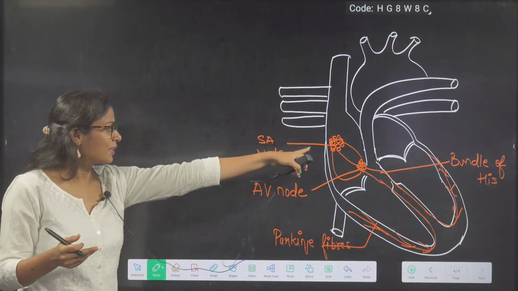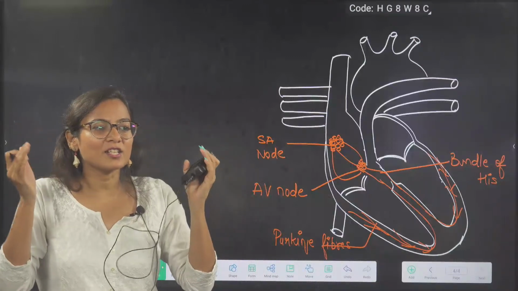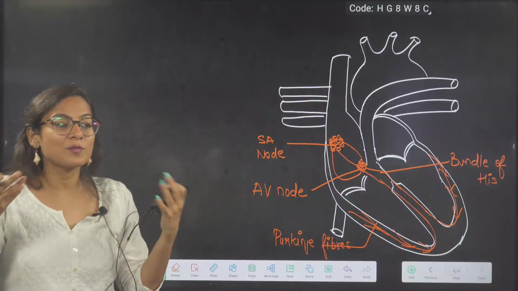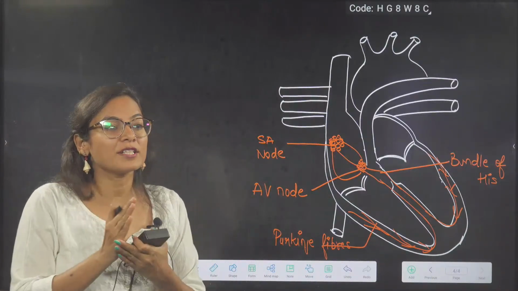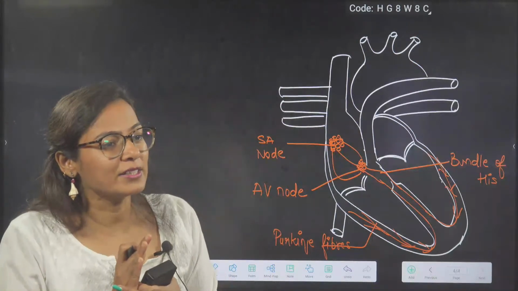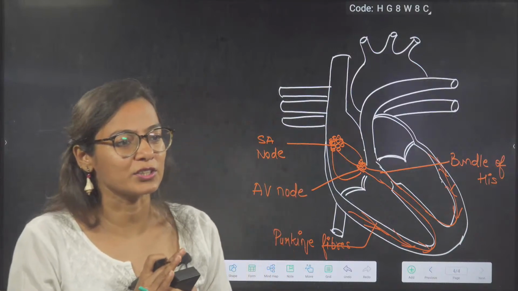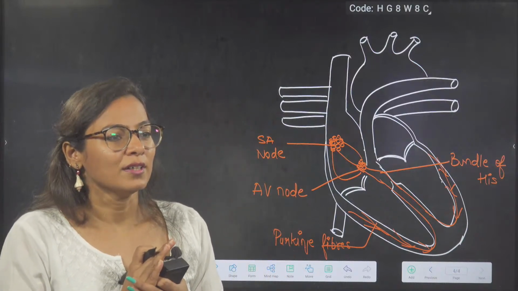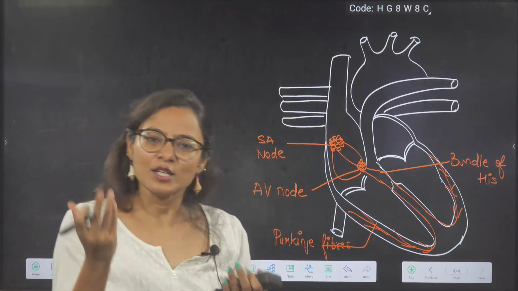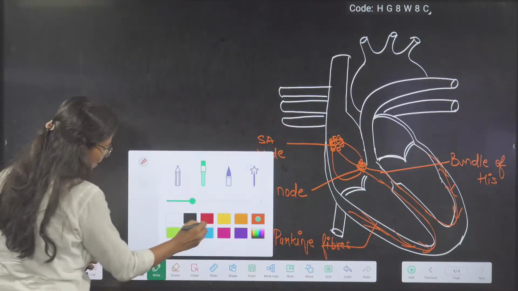So this SA node, since it is auto-excitable, is taking the sodium ions inside and it is becoming what? What is the term I told you? When the sodium ion enters, it generates impulse. What is it called? Very good Dheeraj, Sandeep, Shamita, Nihal. Depolarized. It will get depolarized. That means it is generating impulse.